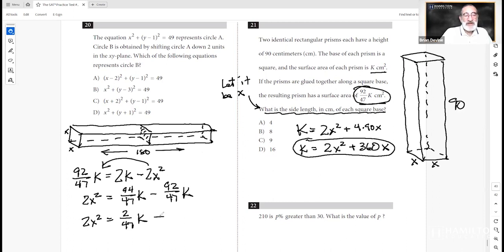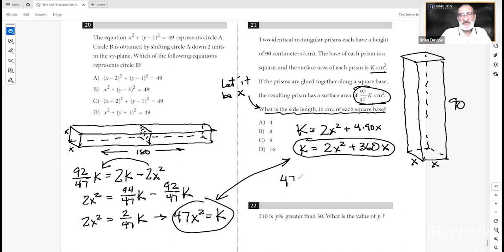which is the same thing as saying that 47x squared equals K. And now I can take this idea and put it together with this to find out what x is.